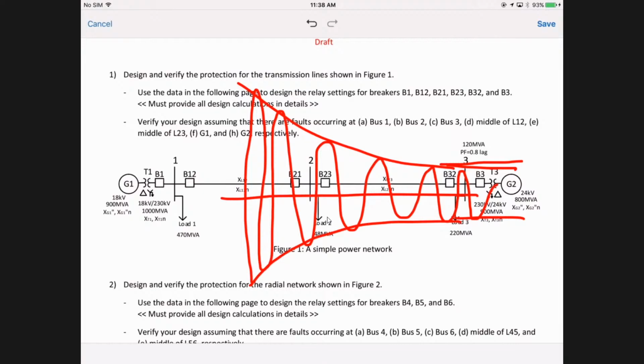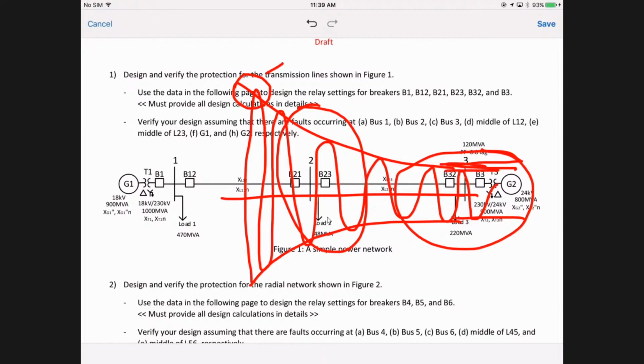So we cut it into three areas. One area is the first 2 cycles of the oscillation after the fault. Then this is subtransient, then transient, and then the steady state. In steady state, we do load flow and all this.